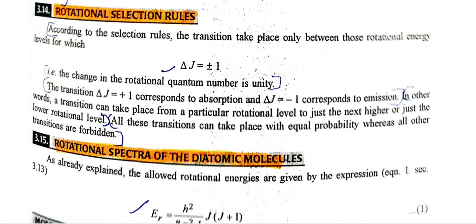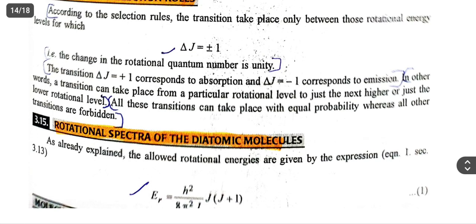The change in the rotational quantum number is unity. The transition J+1 corresponds to absorption and J-1 corresponds to emission. In other words, a transition can take place from a particular rotational level to just the next higher or just the next lower rotational level. All these transitions can take place with equal probability, whereas all other transitions are forbidden.